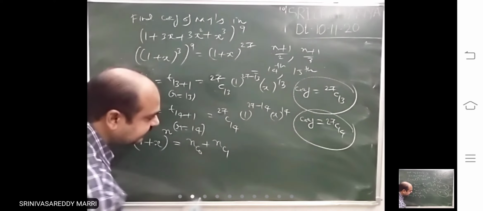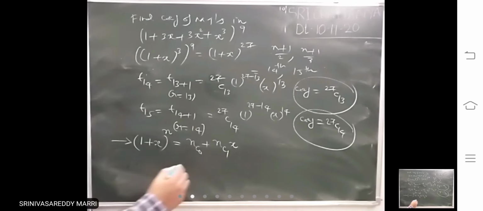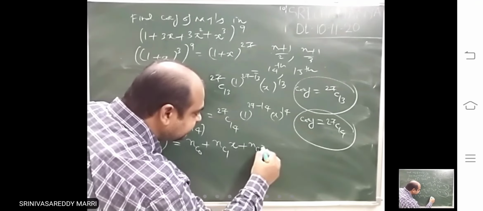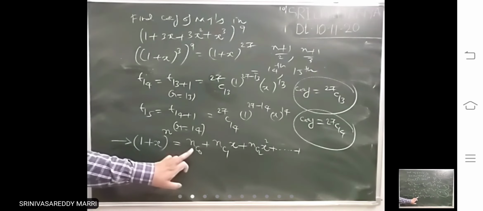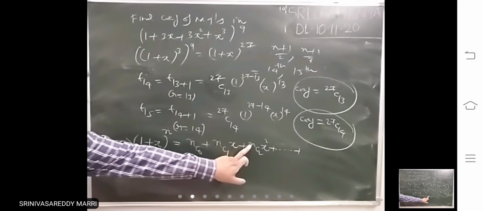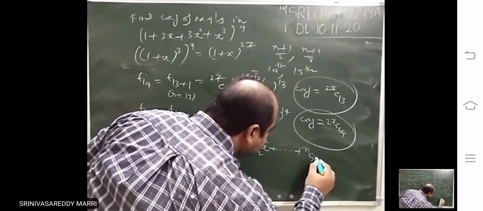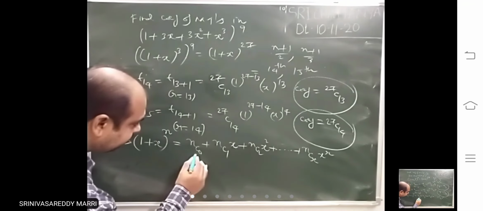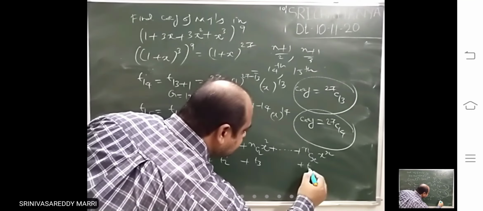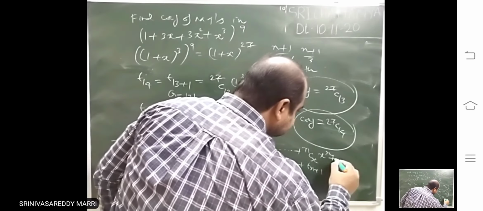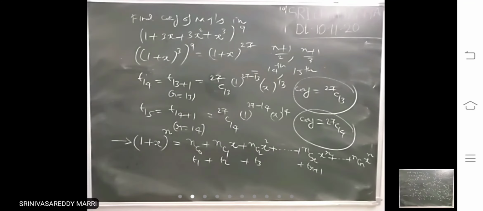Next you will get nC1 into 1, nC1 x to the power 1, right? So plus nC2 x square and so on. Look at the first term nC0, second term nC1x, third term nC2x square and so on. The r+1th term is the general term, and the last term is nCn x to the power n.